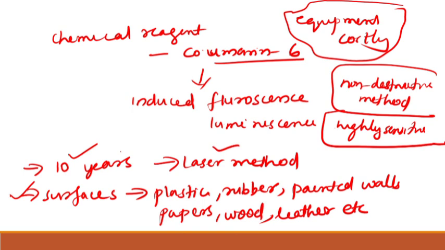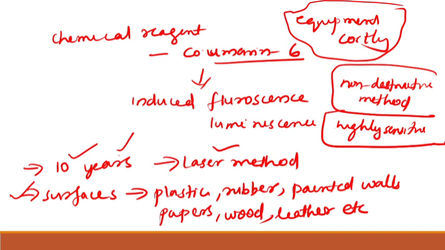The main advantage of this laser method is that it can give the imprint from old fingerprints also, even from 10 years ago, and from surfaces such as plastic, rubber, painted walls, papers, wood, leather, etc. The only disadvantage is that it is very costly equipment, but it is very helpful and a non-destructive method for identifying fingerprints compared to other conventional techniques such as the powder method and chemical methods.